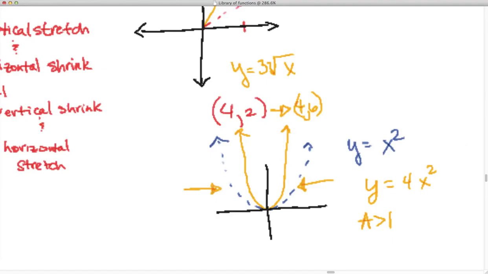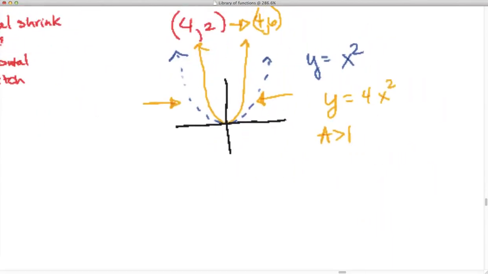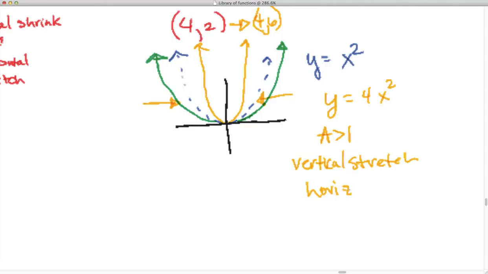Whereas if I had multiplied by a fraction, it would have made it lay down a little bit fatter, and the opposite would have happened. Okay, so I forgot to write it down here. It was a vertical stretch and horizontal shrink.